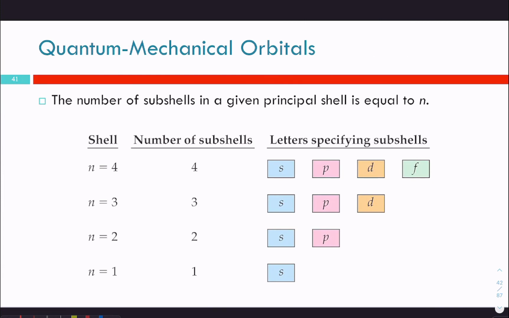So the number of subshells in a given principal shell is also equal to n. As we move up in energy level from 1 to 2 to 3 to 4, we have one type of subshell, two types, three types, and four types of subshells.